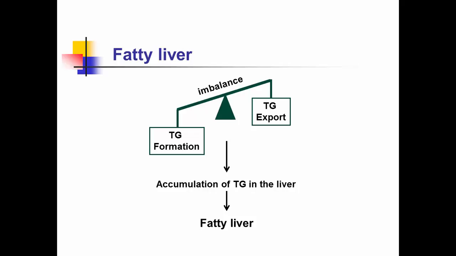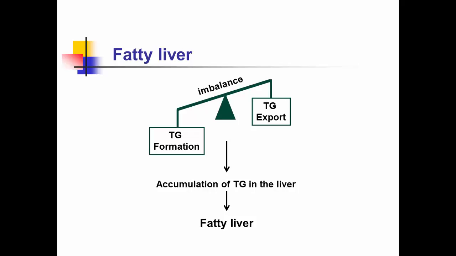So if these two pathways are imbalanced, for example, if more triglyceride is synthesized in the liver, or we have some problems exporting triglyceride, this causes the imbalance, and then more triglyceride accumulates in the liver, right?